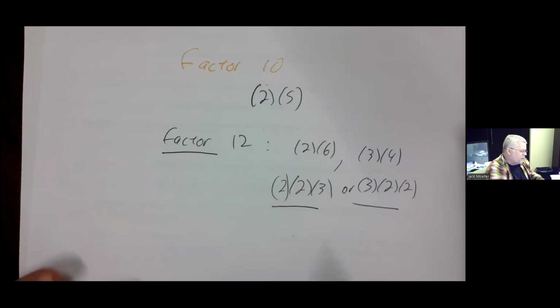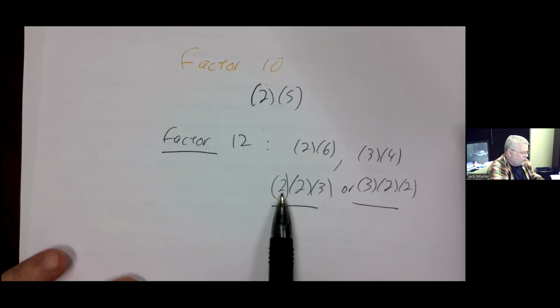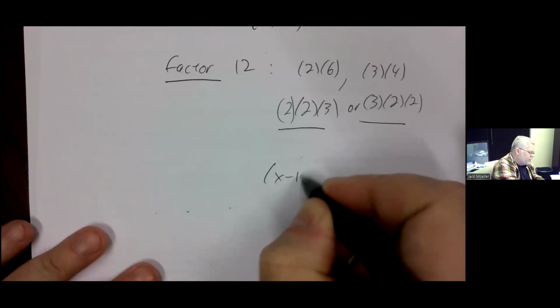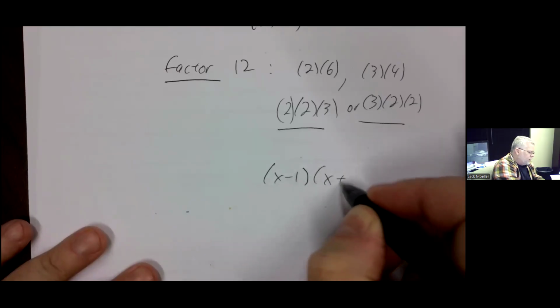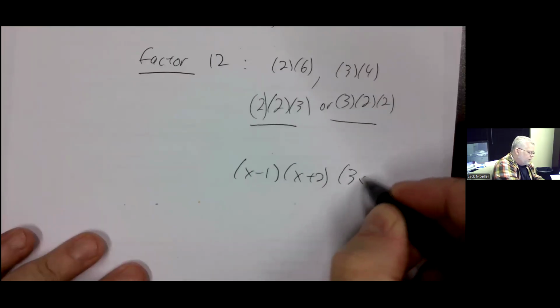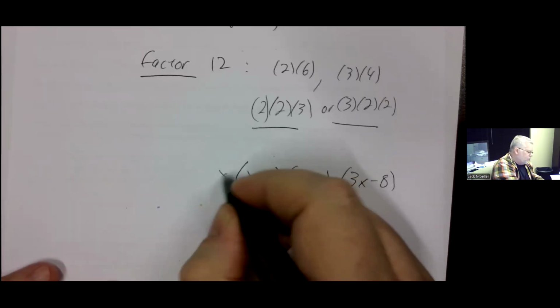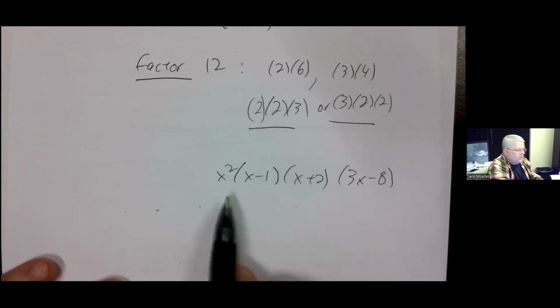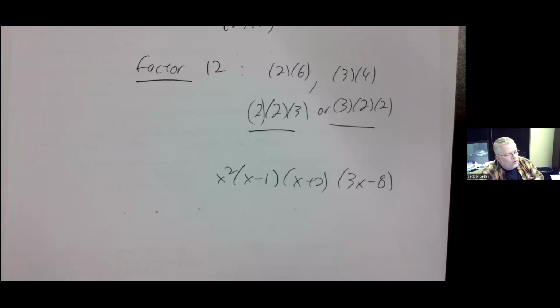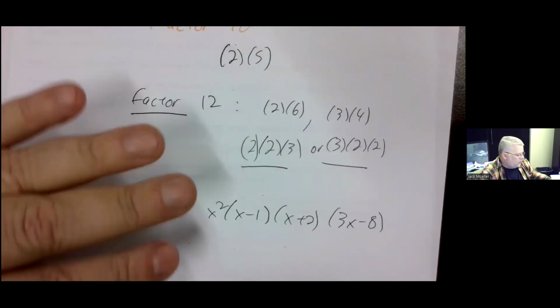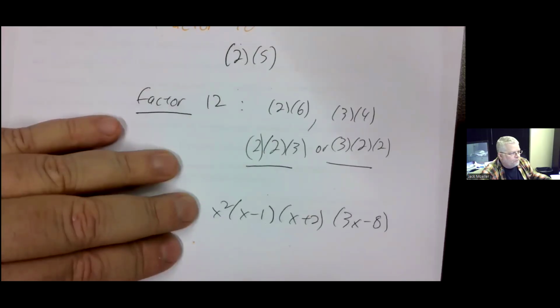So instead of your prime factors being 2 and 3 and 5 and 7, now you might be looking for factors like x minus 1, x plus 2, 3x minus 8, or maybe x squared. All of these are potential factors. So you have to take that knowledge of factoring numbers and convert it into factoring polynomials.